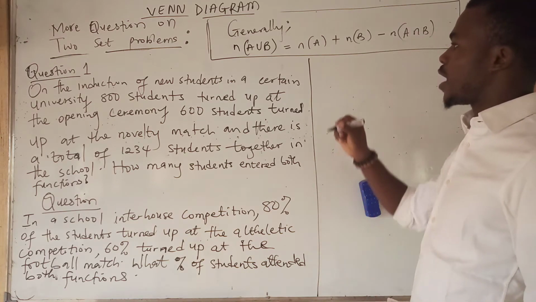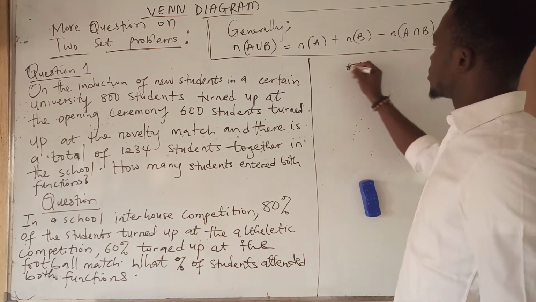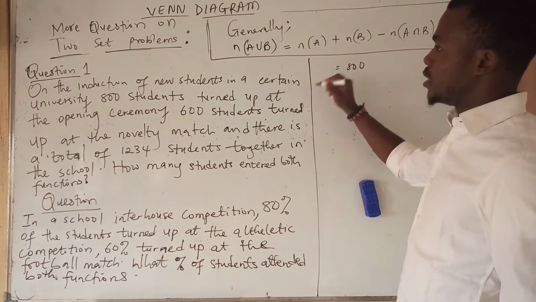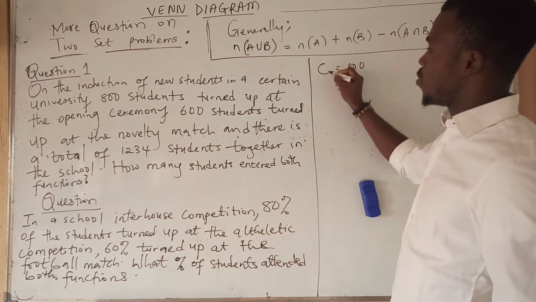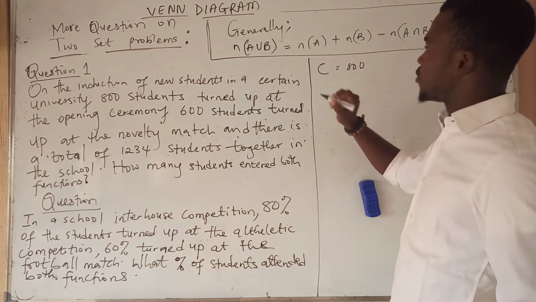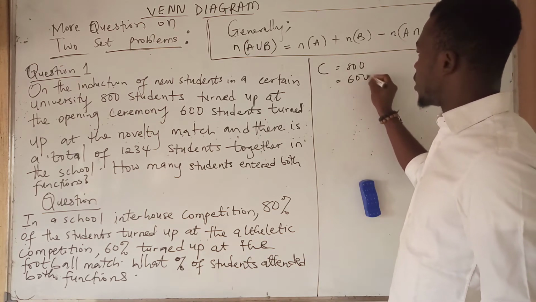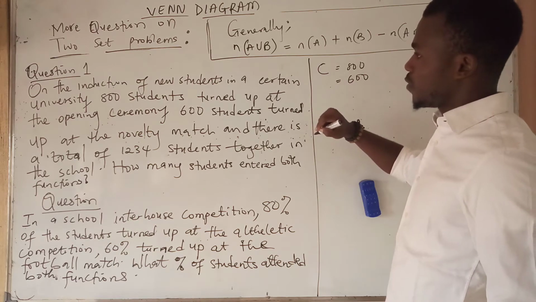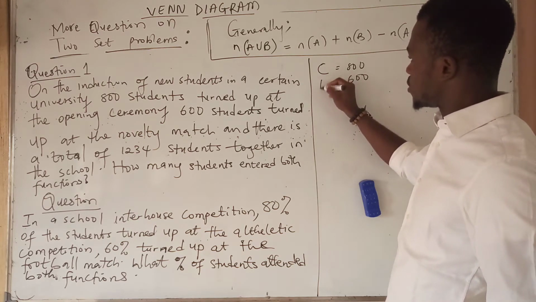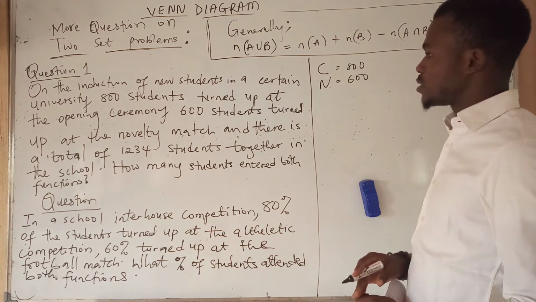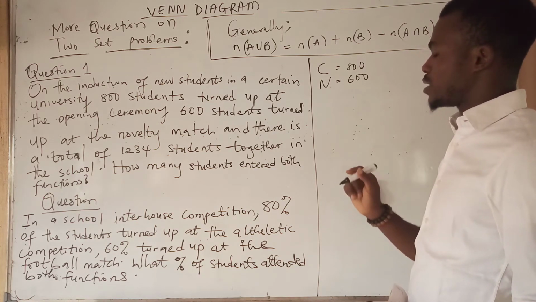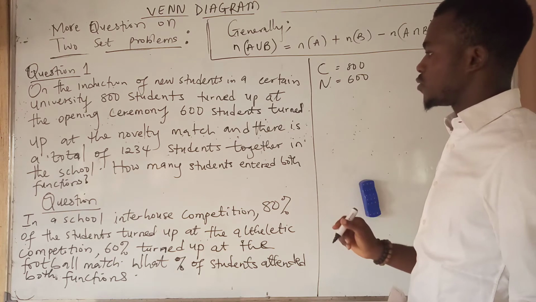So the first one we have is 800 students turned up for the opening ceremony. Let's say C, for opening ceremony. Then we have 600 students turned up for the novelty march. Let's use N for the novelty march. And then there is a total of 1,234 students.